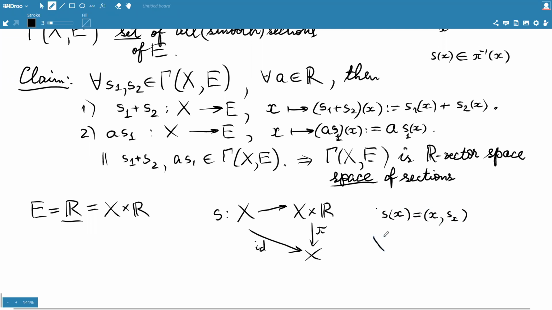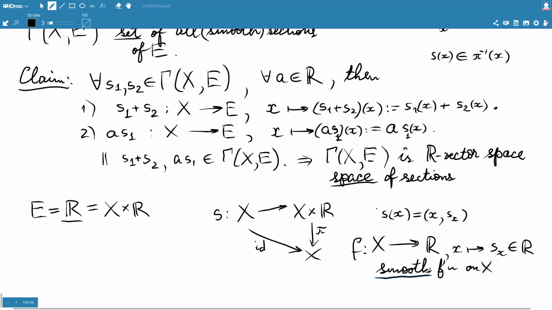Then if you look at the function from X to R, sending X to S sub X, this will be a smooth function, a familiar smooth function on X, since S sub X lives in R. Once S is a section, that is a smooth map to here, then if you take the projection 2 onto R, this will be a smooth function.